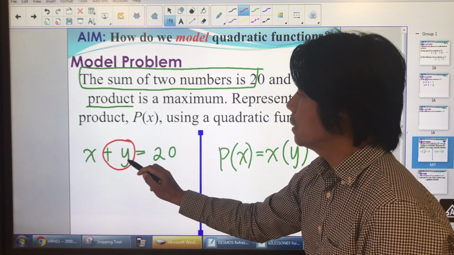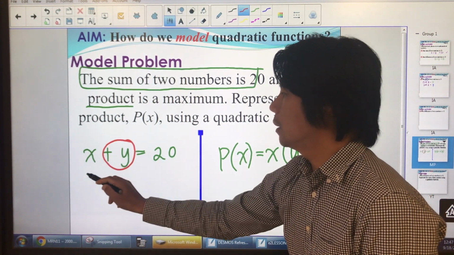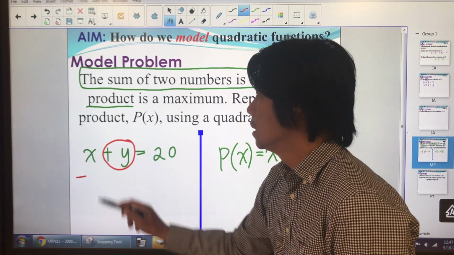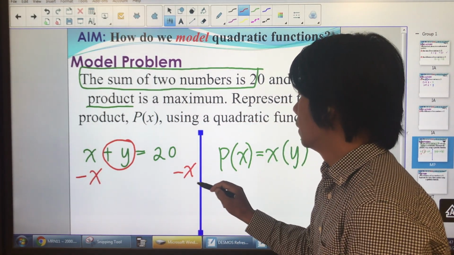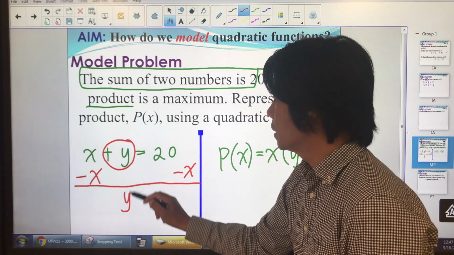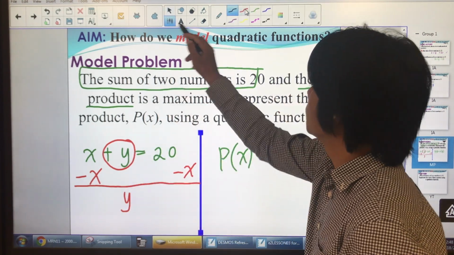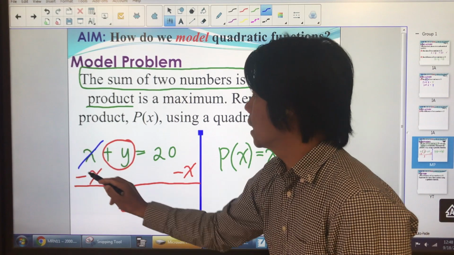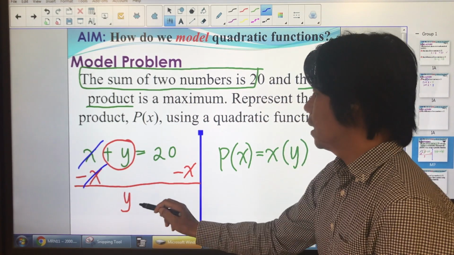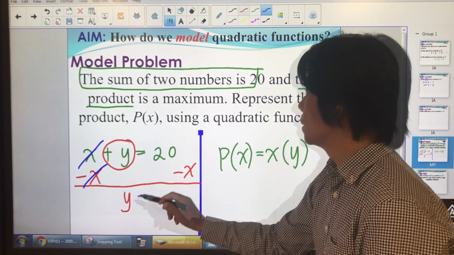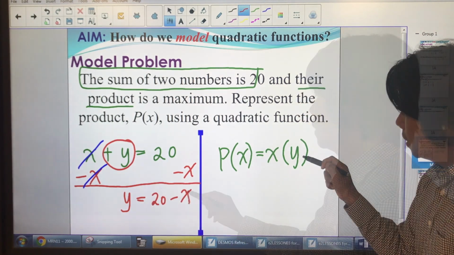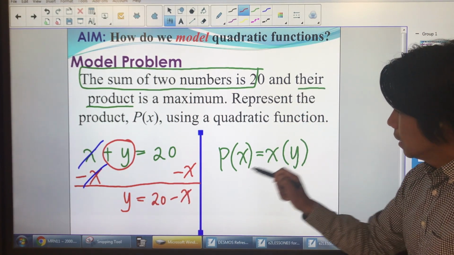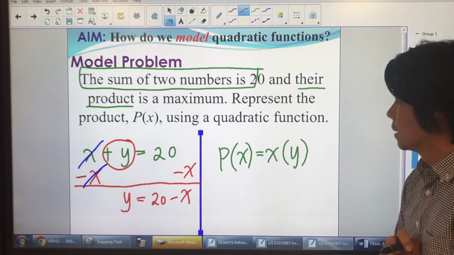If I'm going to leave the y by itself, all I need to do is to subtract x from both sides. Y here is by itself now because we can cross this out. This is 0. So y is by itself equals 20 minus x.